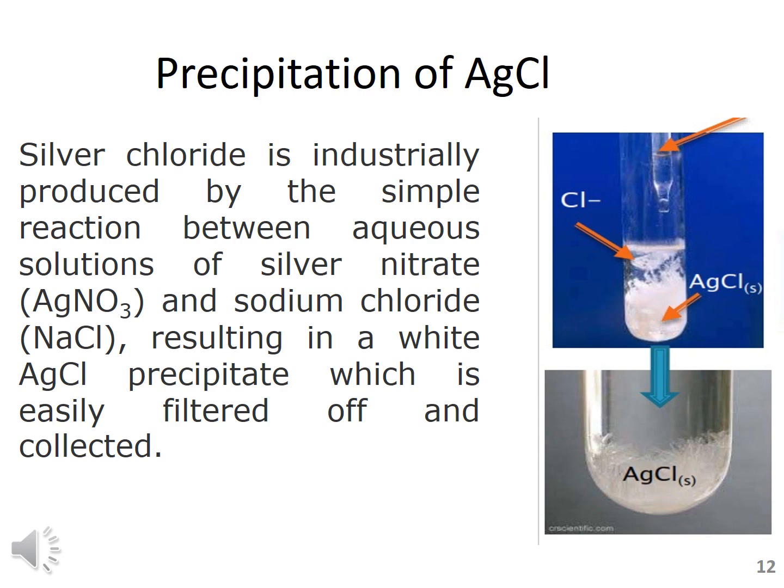They will form a silver chloride precipitate, a white precipitate. This white precipitate will settle down at the bottom of the container. In this way, by using the gravimetric analysis, silver chloride is being produced in the industry.